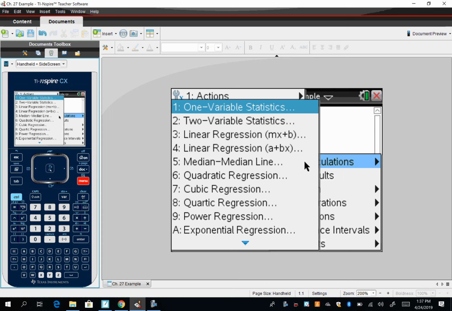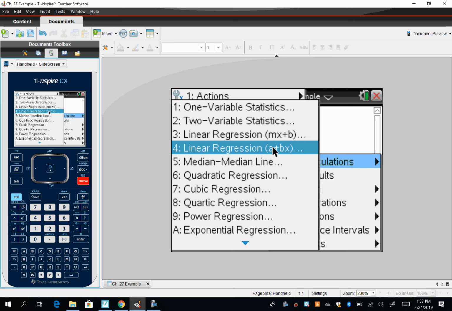Which one? There's two of them. Oh, you were so close, Marcelo, but you failed. Which one is it? It's the A plus BX. MX plus B was so algebra. You're not in algebra anymore. All right, A plus BX.